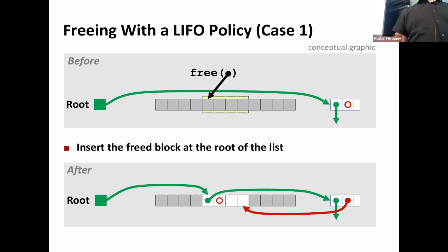So the node that was previously first will become the second node, and your freed node will be the new first node. So that's fairly straightforward. In this case, you don't need to do any coalescing because neighboring nodes are allocated.